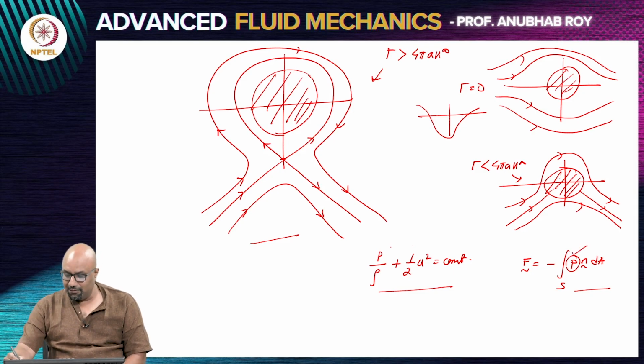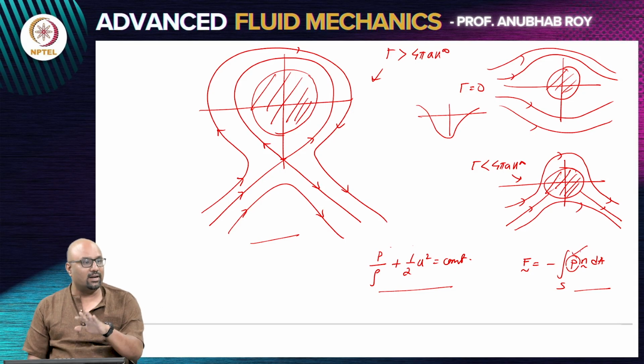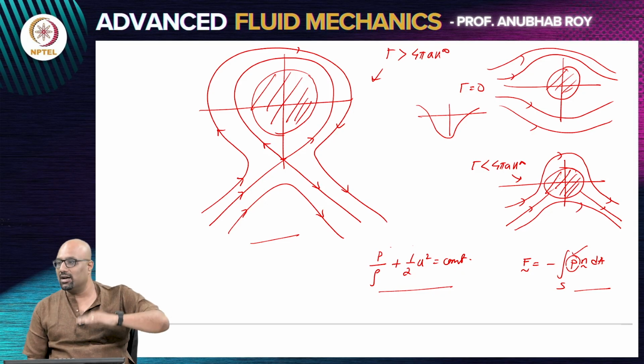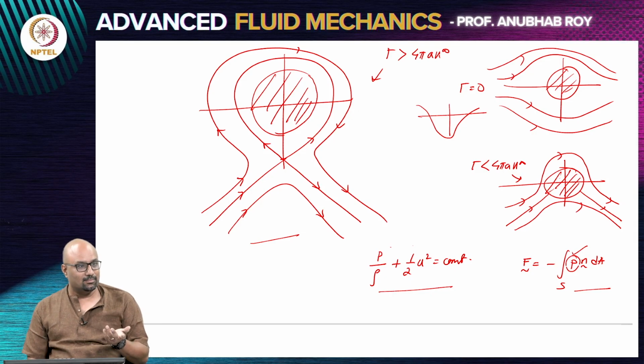You are integrating a function which has a symmetry that if you switch theta from left to the right, you will get the same value of pressure. So, you will have a 0 answer. Similarly, because pressure has a symmetry about the midplane, which means theta and minus theta gives you the same value of pressure, then you will have 0 vertical force, or the lift force will be 0. This is before you do a calculation.